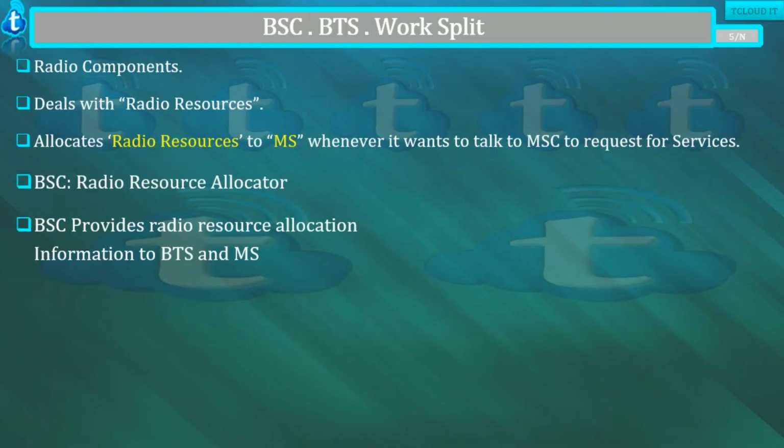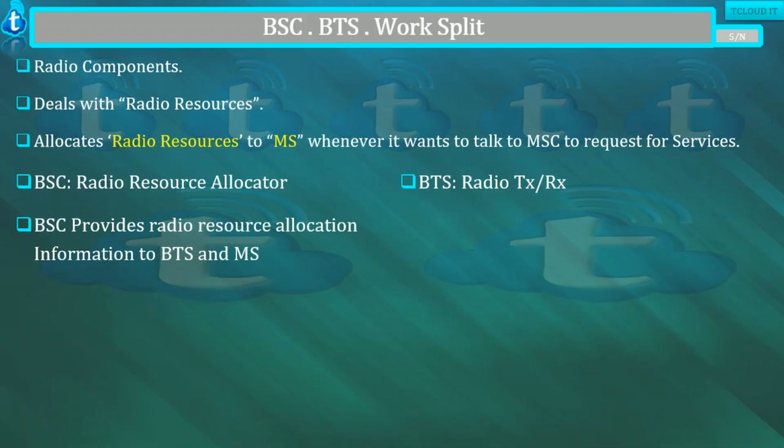So BSC is a radio resource allocator. BSC is the one who provides the radio resources to the mobile station, but it gives this information, like which radio resource is allocated to which mobile station, to both BTS as well as the mobile station, so that the mobile station knows by using which radio resource it must transmit the data to BTS.